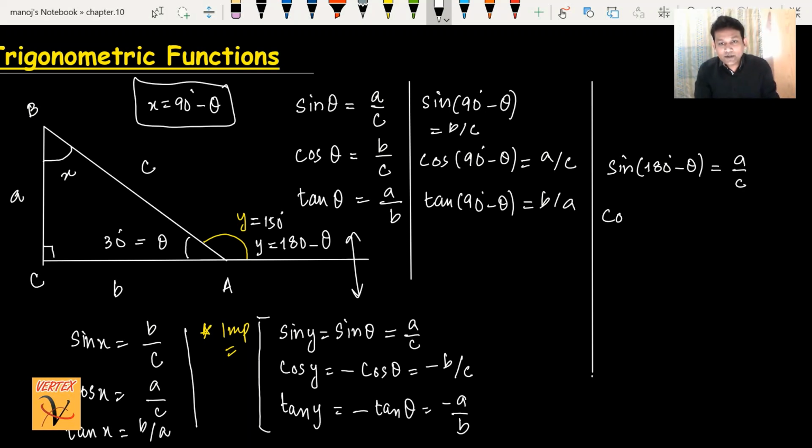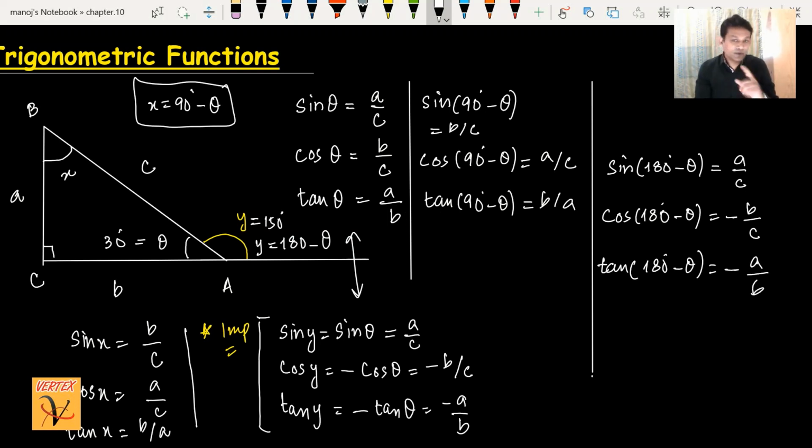When I want to find cos 180 minus theta, whatever the angle, 180 minus theta, the cos y is negative cos theta. Negative cos theta is b upon c. And the tan will be the same as tan theta, but we need the negative sign, and that's a upon b.